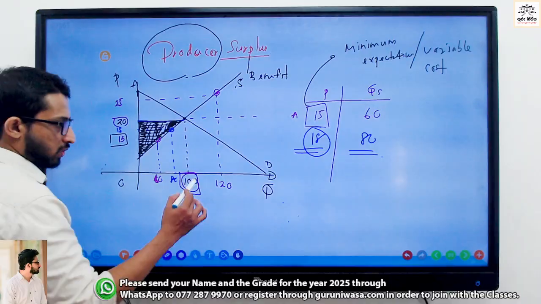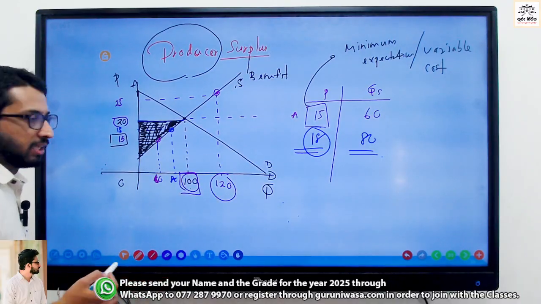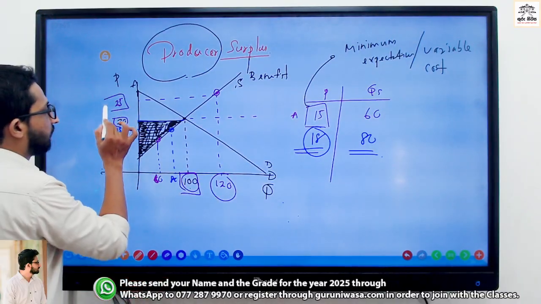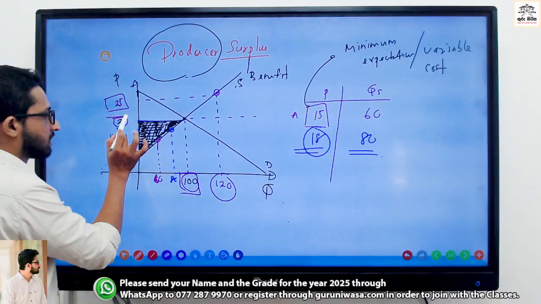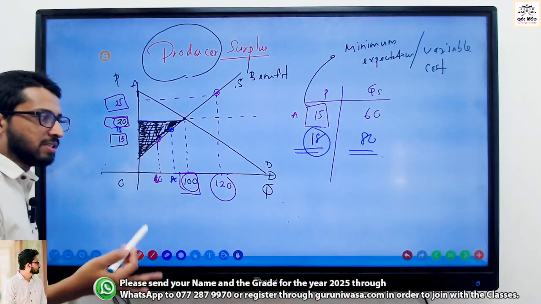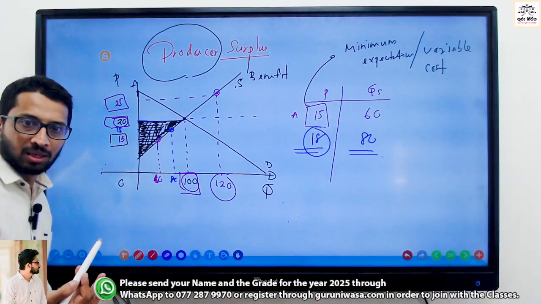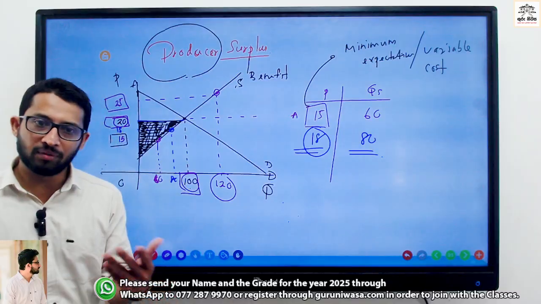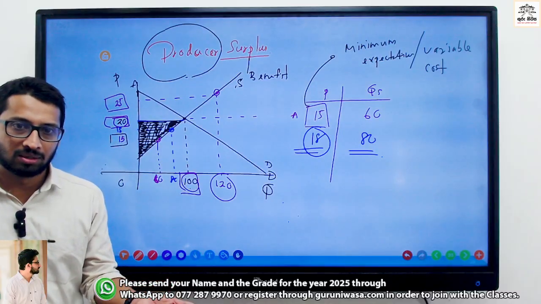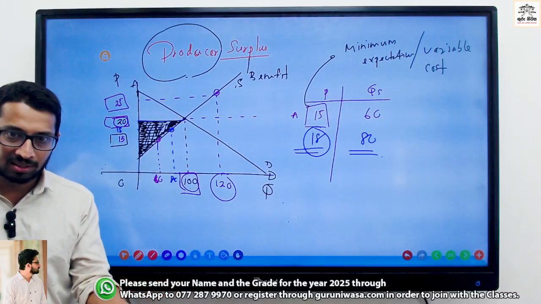Yes, sir. To supply 120 quantity, he expects a minimum of 25. But when he goes to the market, he can see the product is being sold at 20 rupees. Then at this point the producer does not have any benefit at all. It's not a benefit, it's like a cost.